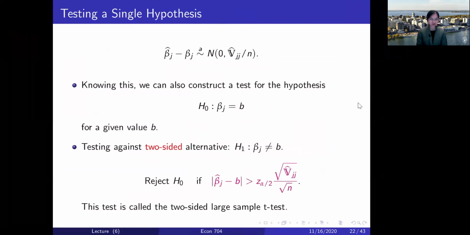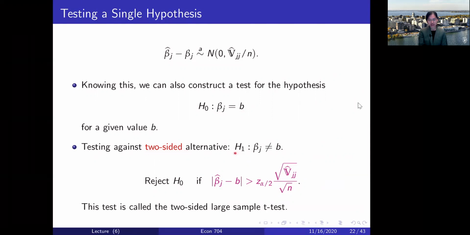We can also test hypotheses. For example, we can test a single hypothesis like H naught: beta j equals B for some given value B, like B equals 0 or B equals 1. We can test that against a two-sided alternative.